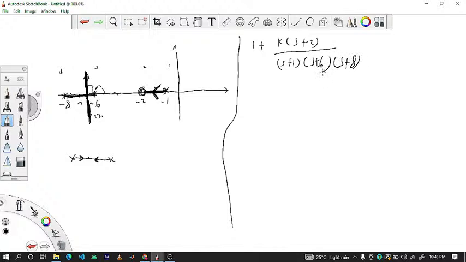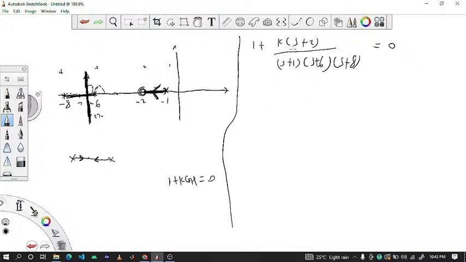Here's what you do. We are using 1 plus KGH equal to 0. This is called the characteristic equation. We equate this to 0, because as I said, these are KGH.